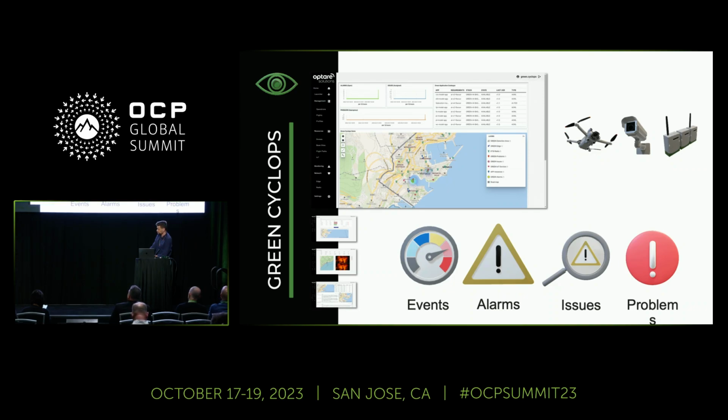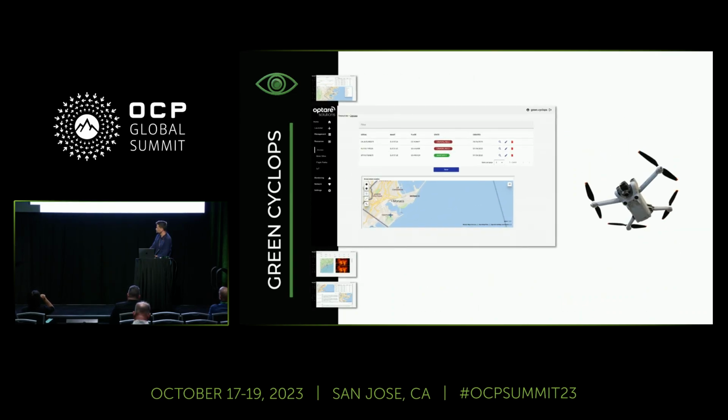With this alarm, at the same time, we can raise different actions in real time, like, for example, request a drone to move the gimbal or to approach, to go closer to the location where the alarm is being produced. And at the same time, this alarm is sent to the management side that we have deployed in the cloud.